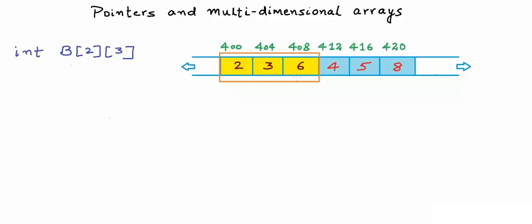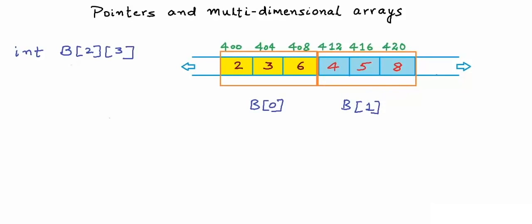Overall, this first block of 12 bytes that contains these 3 integers 2, 3 and 6 that I'm showing in yellow here is my first one-dimensional array that I can call B0, and this next block of 12 bytes is my second one-dimensional array of 3 integers that I can call B1. So we have two one-dimensional arrays in our collection, each a collection of 3 integers, and everything is organized in one contiguous block of memory.